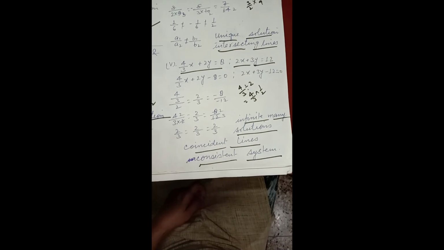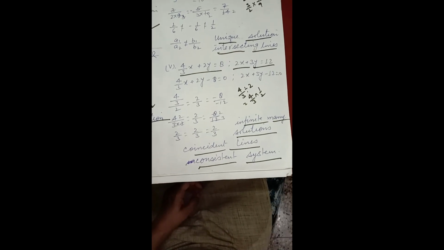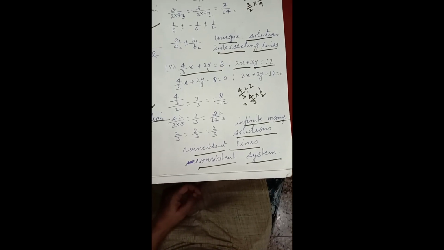And which type of lines we will have? Intersecting lines or the overlapping lines or the parallel lines, and whether the system is consistent or inconsistent. So when the system will have solution, it is consistent, and if it is not having the solution, it is inconsistent.